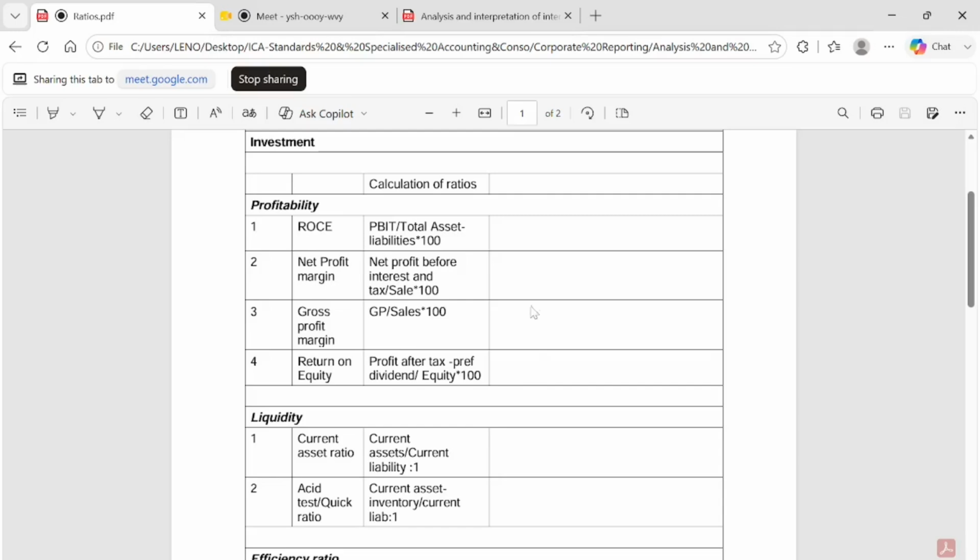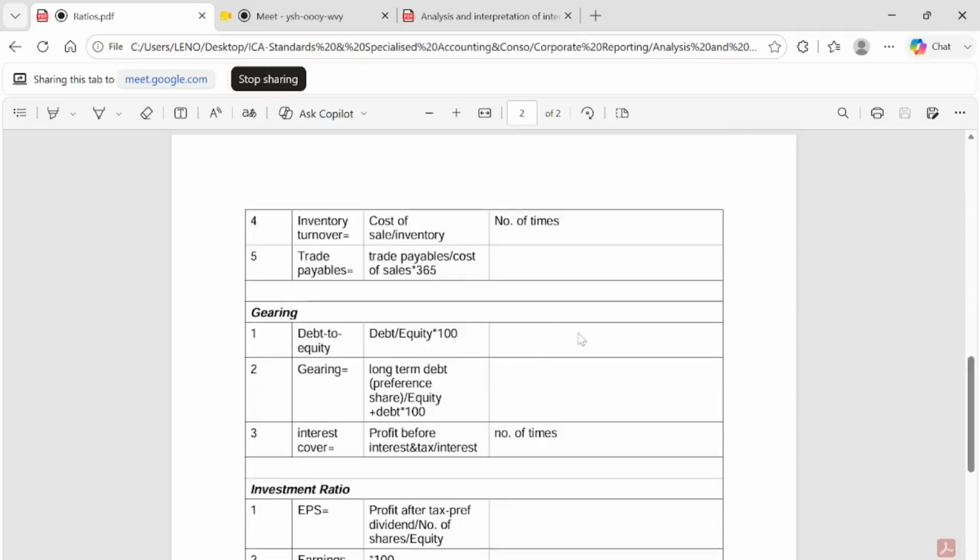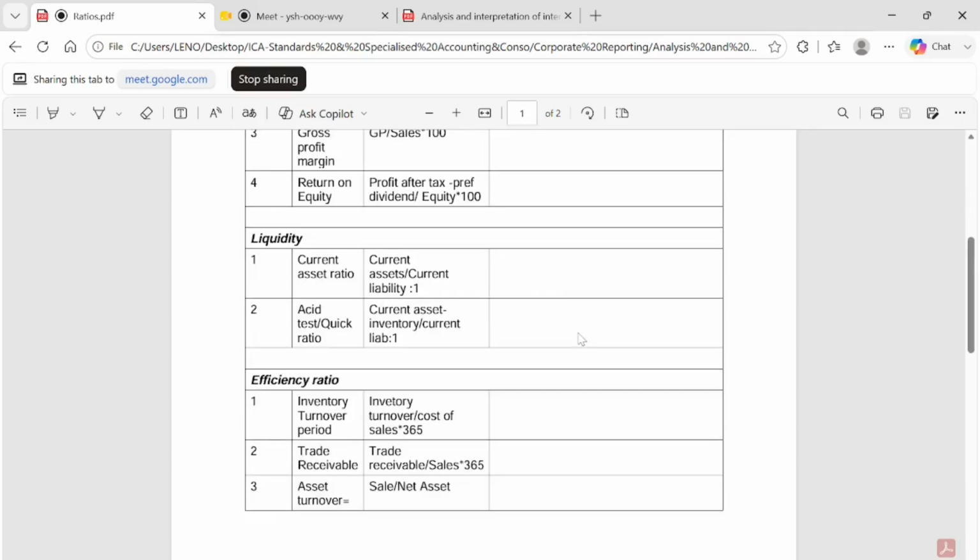Any question? Now let's move to liquidity. Liquidity is the category that assesses how liquid or solvent the company is, right? You remember in 2018 when a lot of banks were insolvent? You remember what happened to the banks?